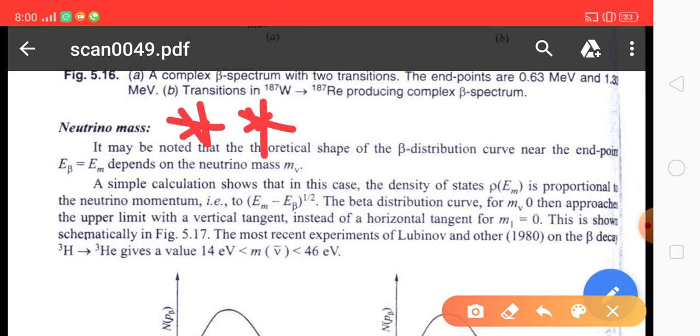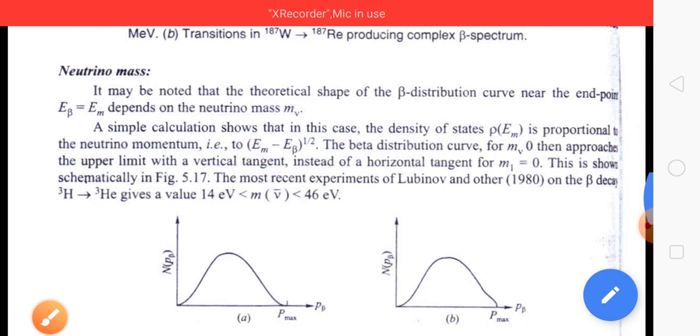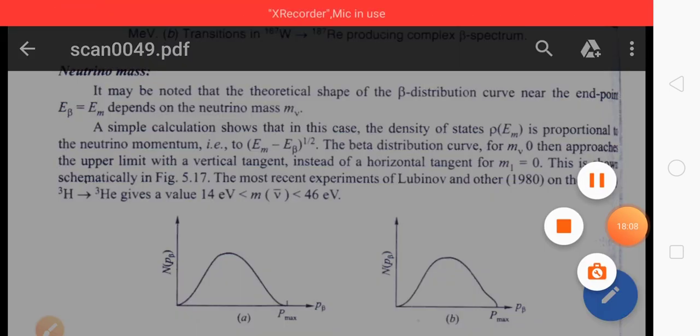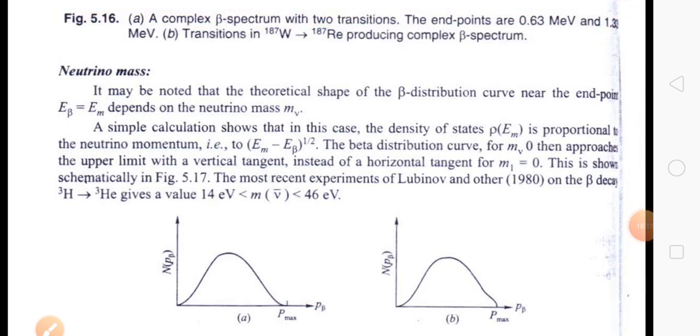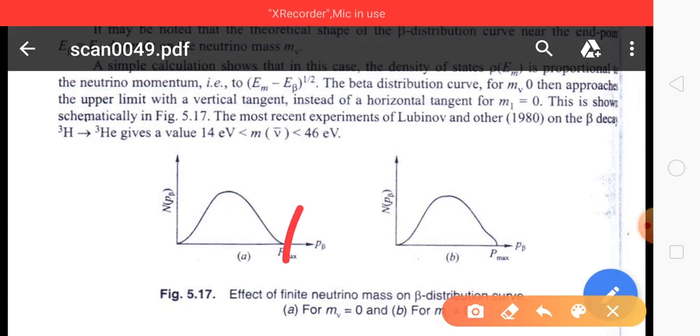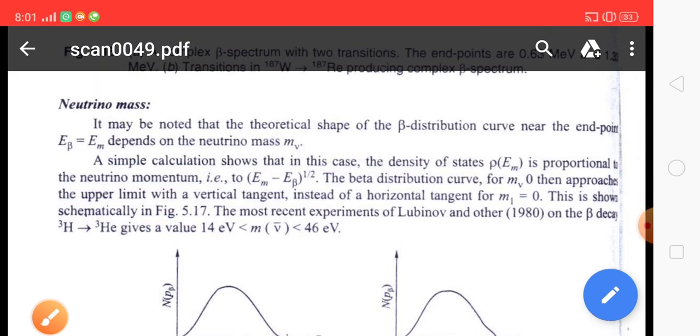They will ask how the finite neutrino mass affects the beta ray spectrum. It may be noted that the theoretical shape of the beta distribution curve near the end point at Eb equals Em depends on the neutrino mass.